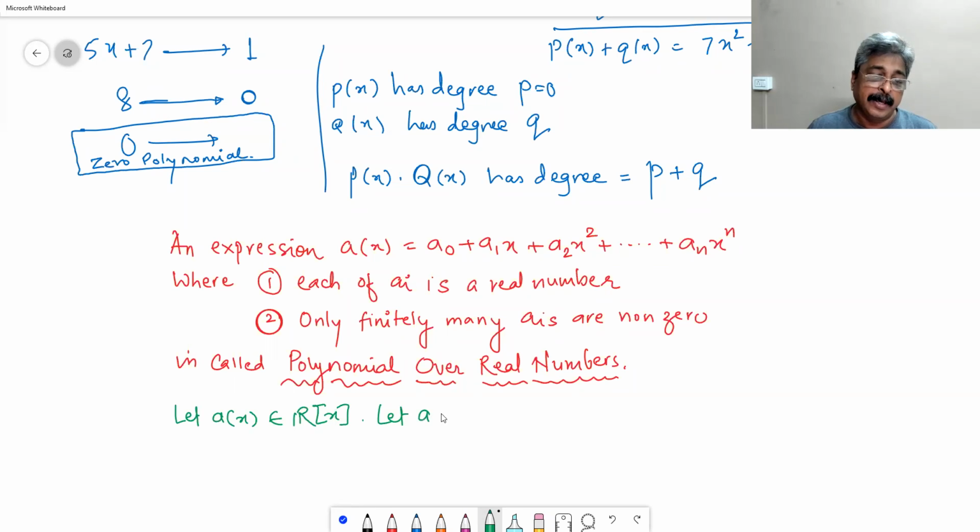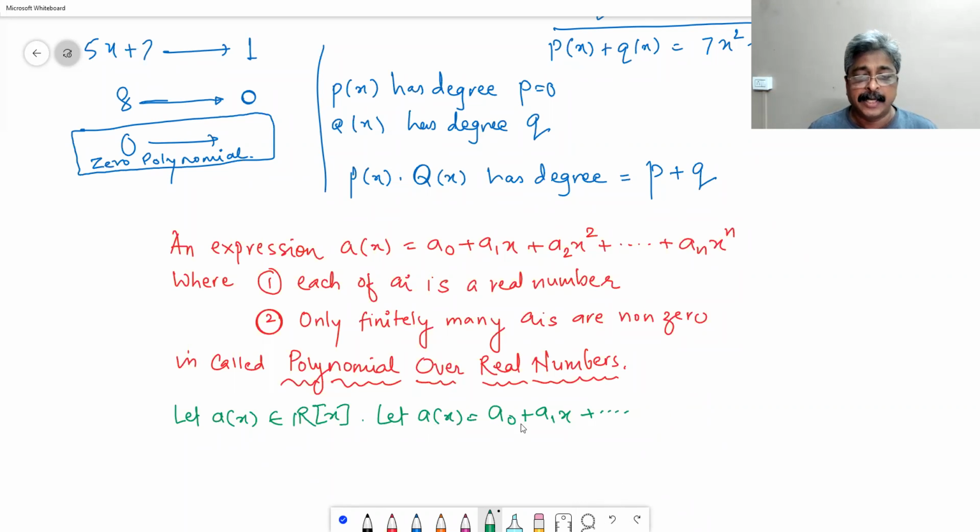Let a of x be equal to a0 plus a1x plus a2x squared plus dot dot dot. We need not write a_n x raised to n because we are not sure where to stop.